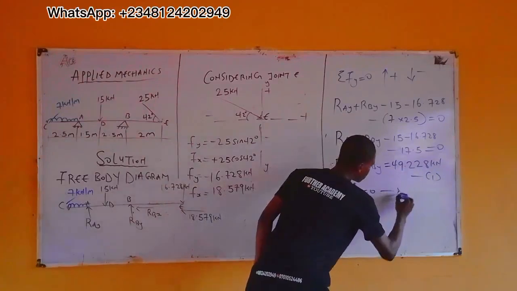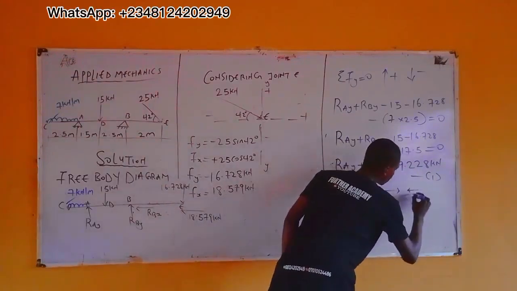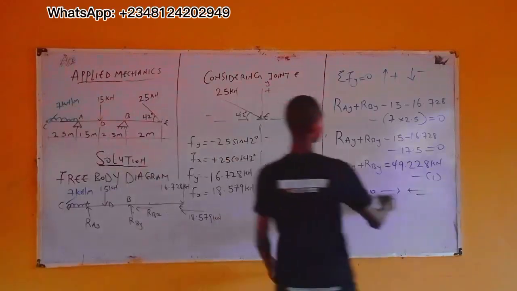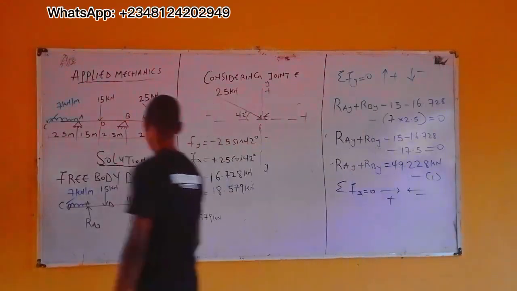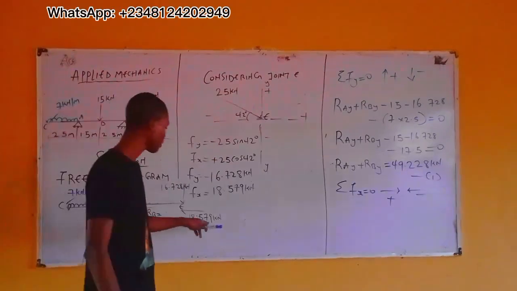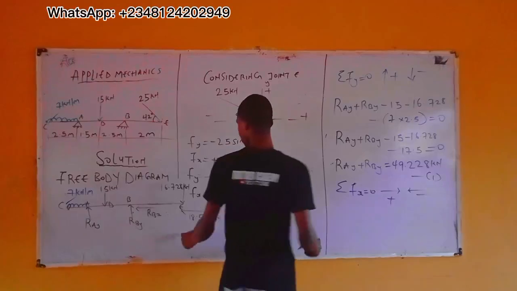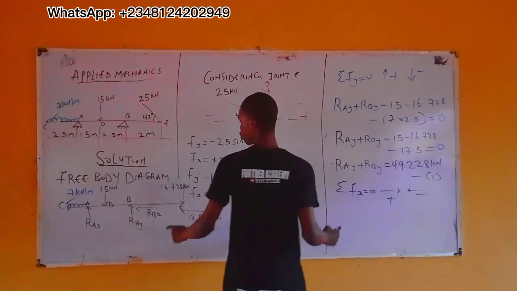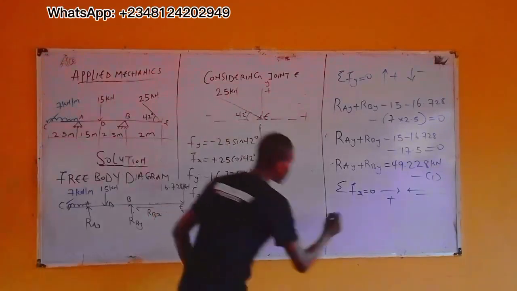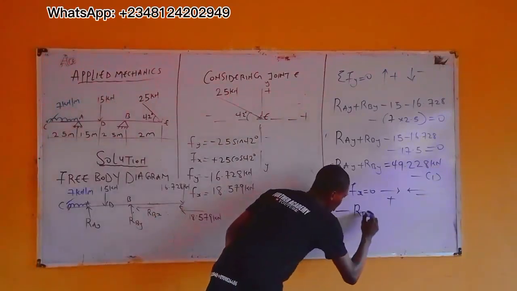Any force of this nature is positive, force of this nature is negative. Now check your beam. How many forces of this nature do you have? 2. And they are what? RBX and 18.579. So RBX, will it be positive or negative? Negative RBX.